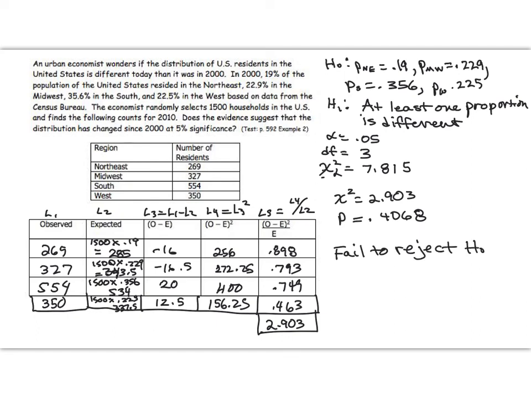The reason we're failing to reject is that my chi-square value is less than my chi-square alpha, and also my p-value is greater than alpha. So what that means is that it appears that the population distribution has not changed. All right, that's it for today.